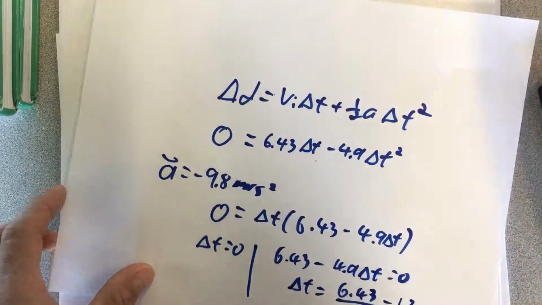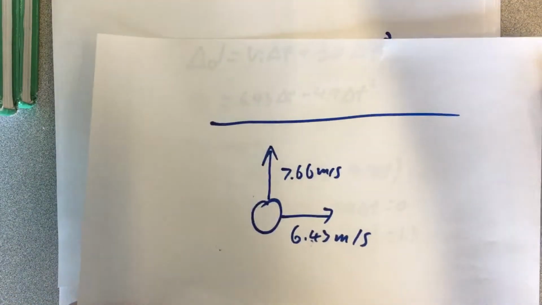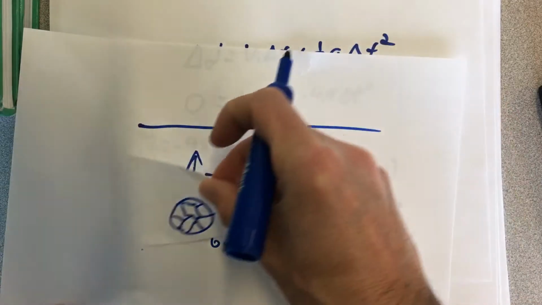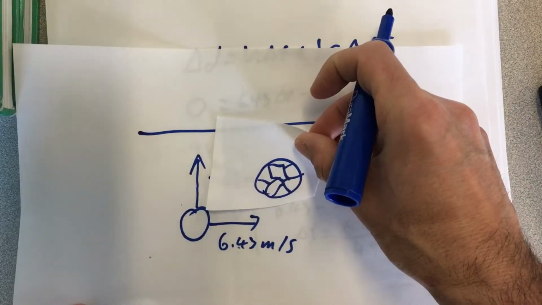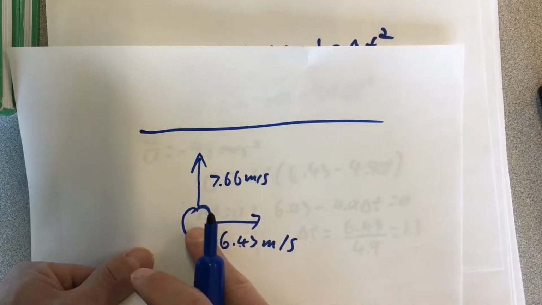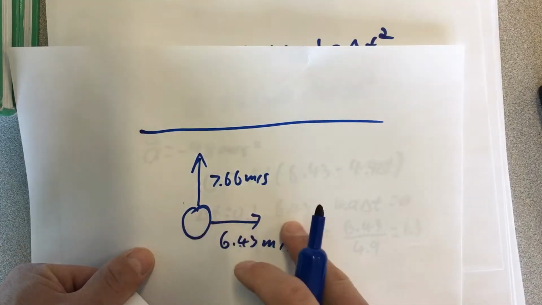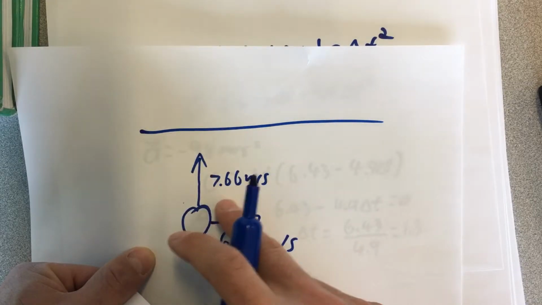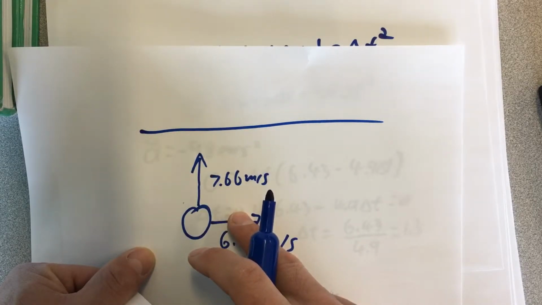So let me recap what we've done here. We have a ball that was initially kicked at 10 meters per second at an angle of elevation of 40 degrees. We drew a triangle and found that it was moving forward at 6.4 meters per second and upward at 7.66 meters per second.